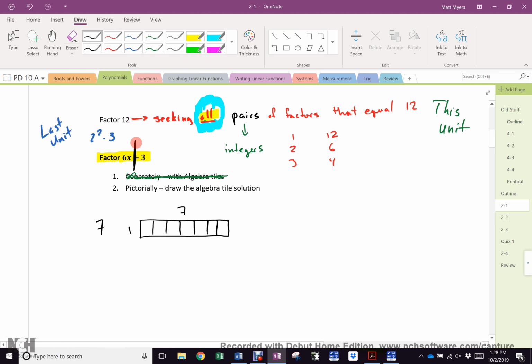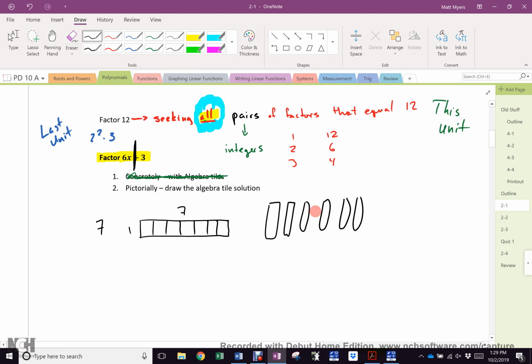All right. So it is split into 2 different kinds of algebra tiles. The x's are the skinny bars. Are they shaded or not shaded? Not shaded, because I need 6 of them. Right there, that's a rectangle, yes? It's 1x long, 6 wide, right? Everyone agrees? Could I put it this way? Wait a minute, I made 7.